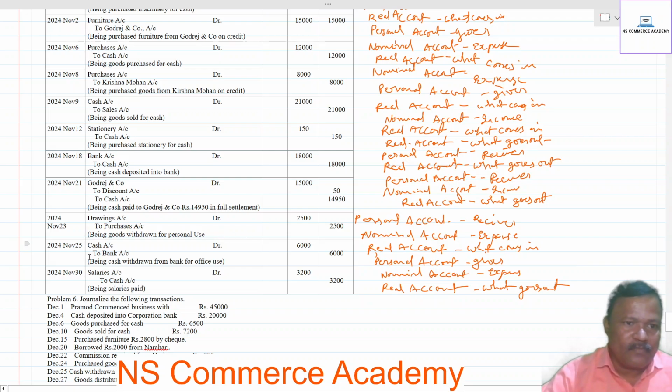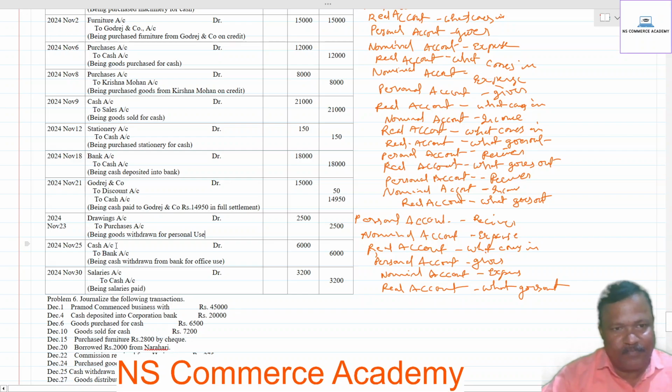Okay. Next, on 25th, cash withdrawn for office use, rupees 6,000. So first write the date column, 2024 November 25th. Okay. Then identify the accounts, cash account and bank account.